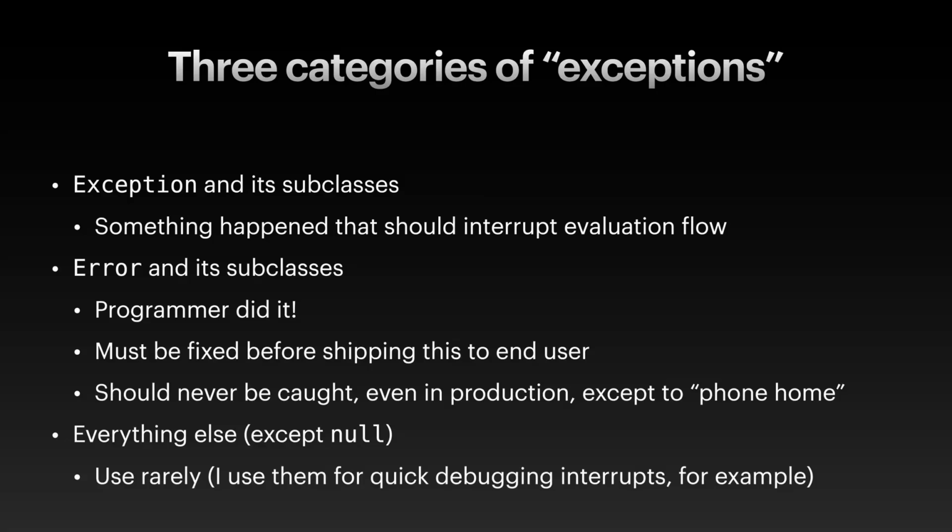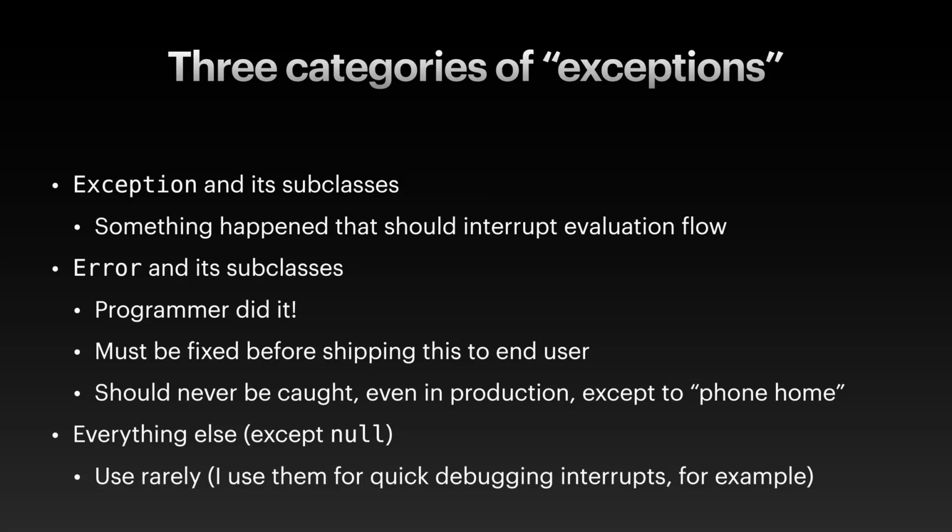It has to be fixed before shipping this to some end user. And because of this, it also means it should never be caught, even in production, except to activate some sort of phone home mechanism. So your mobile phone can log an error message to your analytics to say, something really catastrophic happened.